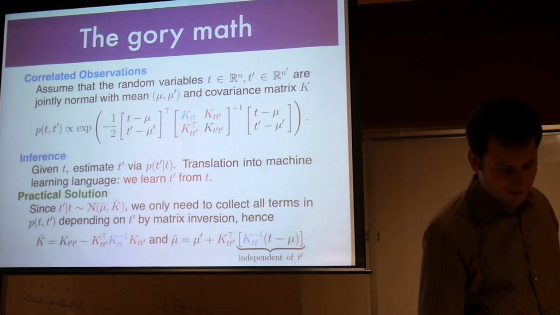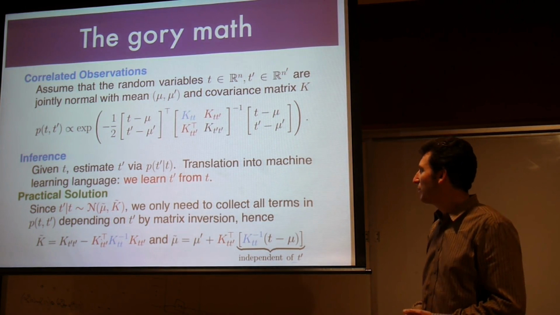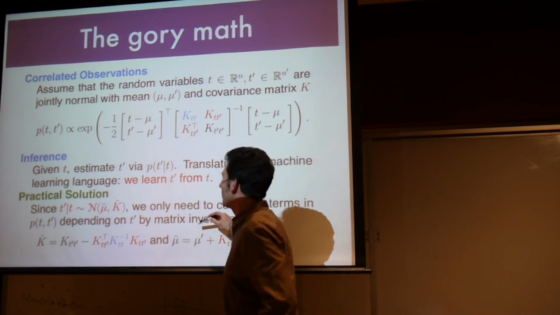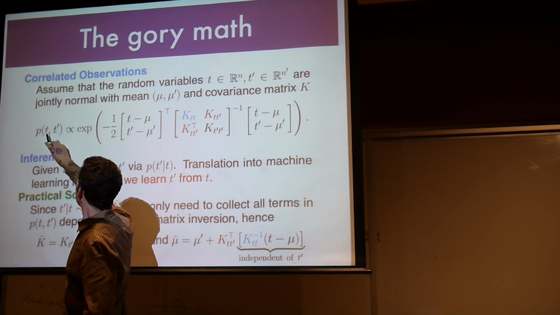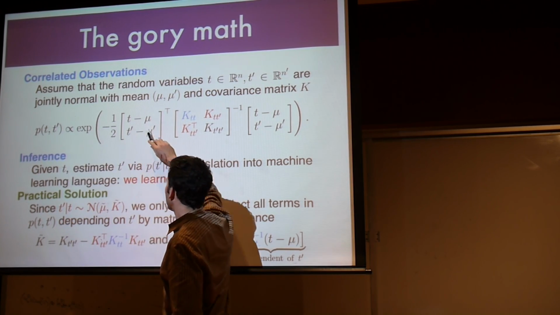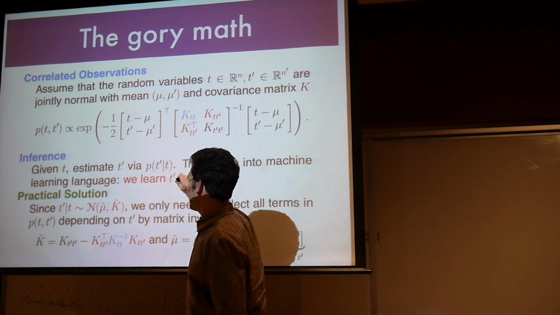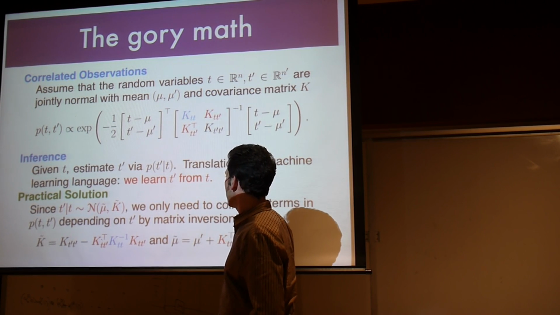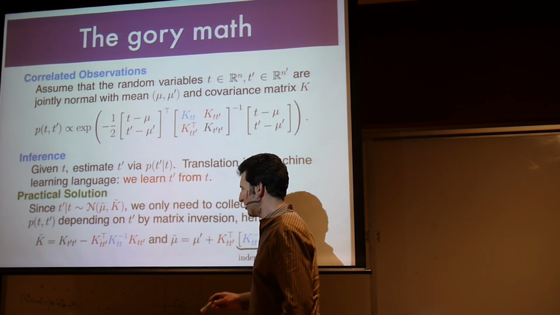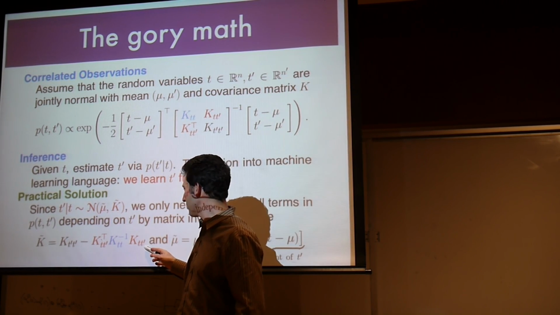And then, at some point, if you want to actually compute with vector random variables t and t prime, with a normal distribution, we can estimate t prime given t. You pull out all the terms, and you'll see that the covariance in the t primes is reduced.